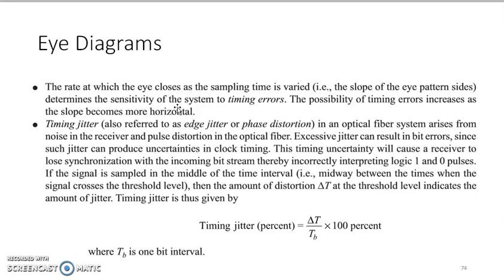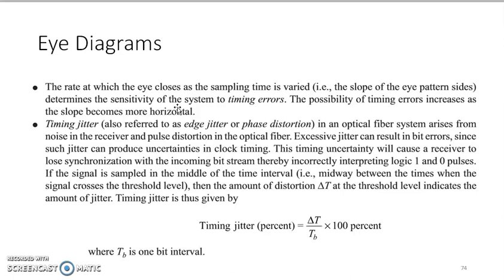Now if there is jitter, it is difficult to receive the sample within a particular period. So there will be timing uncertainty, and that will cause a receiver to lose synchronization with the incoming bit stream. That's why we are not able to interpret whether there is a logic 1 or a logic 0.